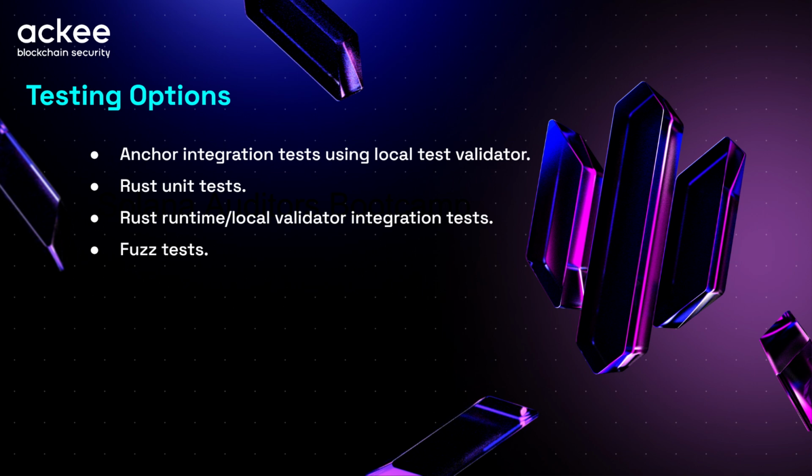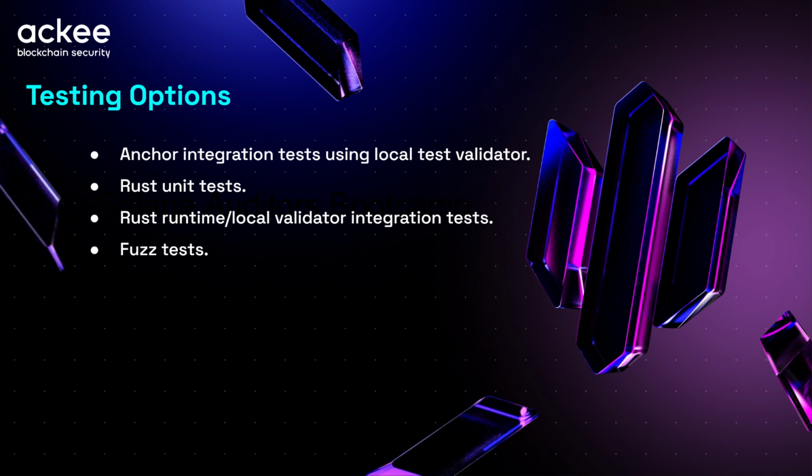And there are also other alternatives for how to test with Rust. So either you can use the runtime, which basically does not spin up the whole local validator. It's, I would say, faster to run the tests, but maybe some features of the blockchain are not available.